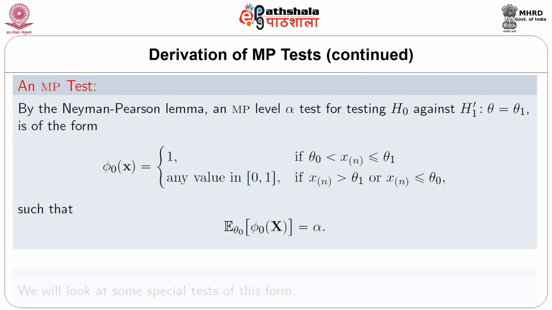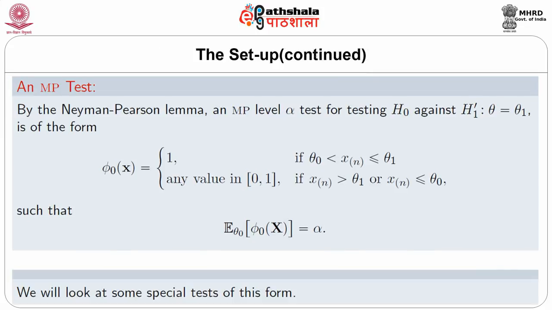So, we can take any value between 0 and 1 such that the expected value of phi naught under theta naught is alpha, that is, the size of the test is alpha. So, we can find a most powerful test at level alpha for testing h naught theta equal to theta naught against h 1 prime theta equal to theta 1, and we will look at some special tests.